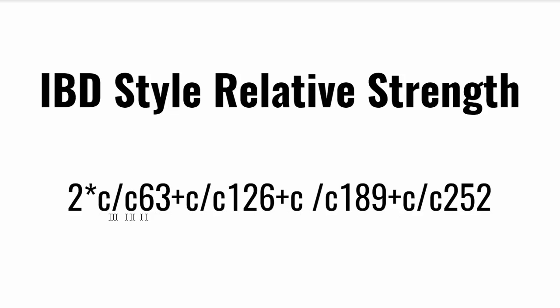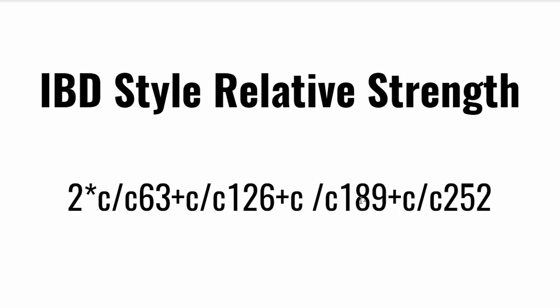If you look at this formula, it is a weighted moving average where the recent price gets more weightage. Mathematically, C by C63 actually gets 5 times the weight. Because we are giving it 2 times weight here, and C by C63 is also part of C by C126, since when you take a data set of 126 days, the 63 days of data is included in that.